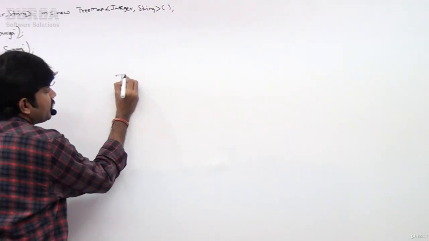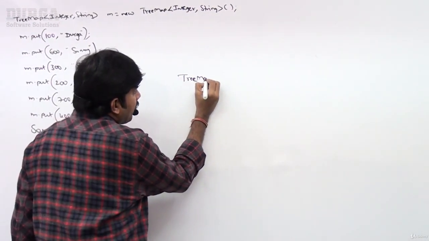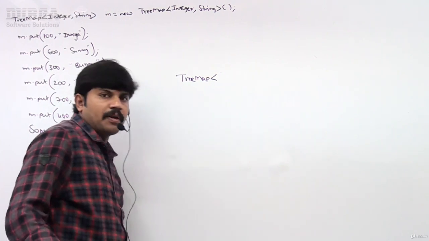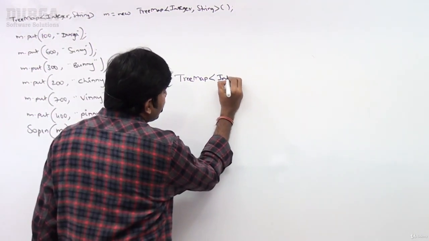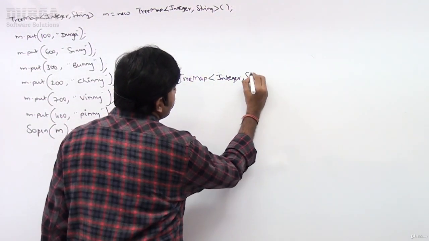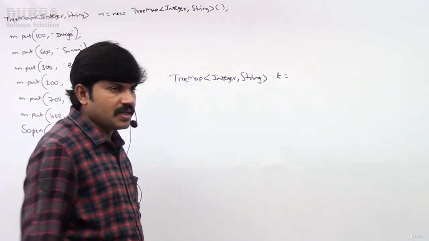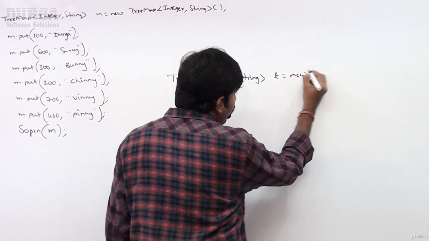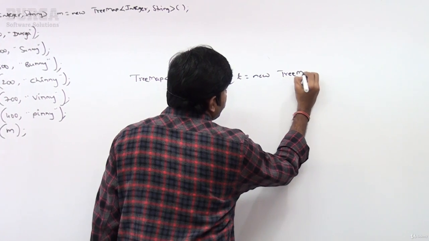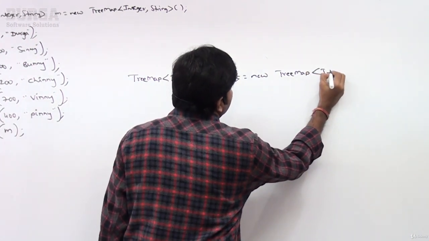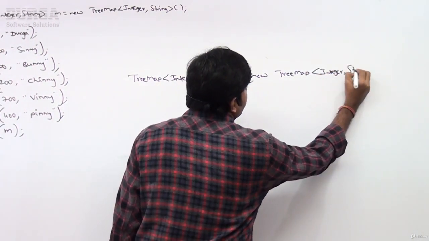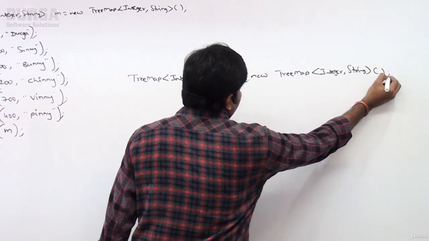Here I am taking TreeMap of Integer comma String. TreeMap t = new TreeMap of Integer comma String.